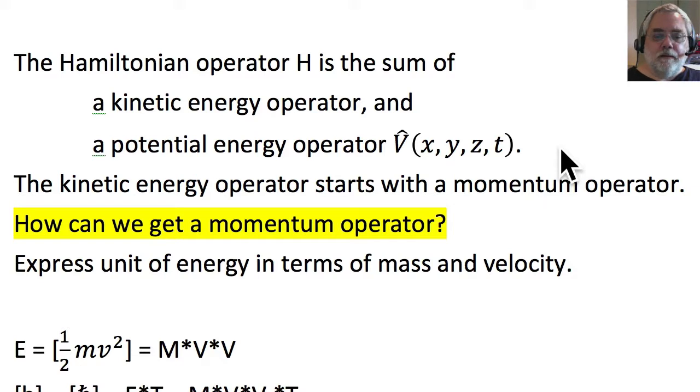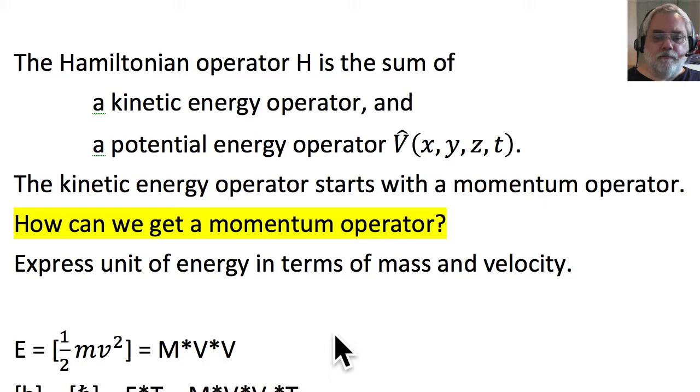We can express energy in terms of mass and velocity. Kinetic energy is 1/2 mass times velocity squared. Here we're only dealing with units, so we don't care about the 1/2. So the units of energy can be expressed as mass times velocity times velocity.